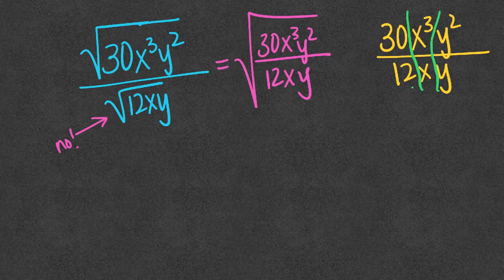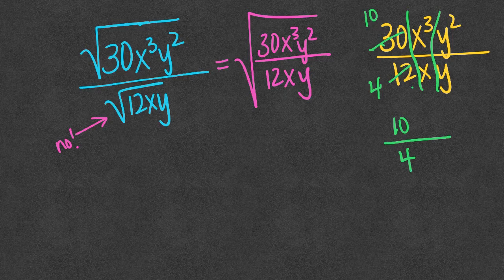So then I see if I take 3 out of them, if I divide 12 by 3, then it will leave a perfect square. So I can take 3 out of this, so 30 divided by 3 is 10. 12 divided by 3 is 4. So now I have 10 over 4. Remember, I know it can simplify more, but we really do want it to have a perfect square in the denominator.